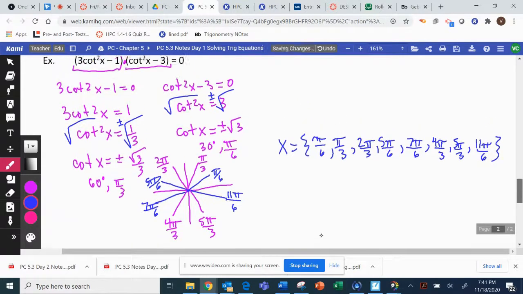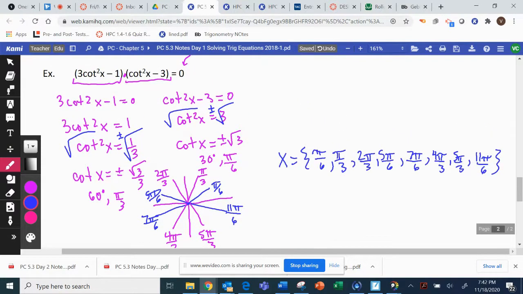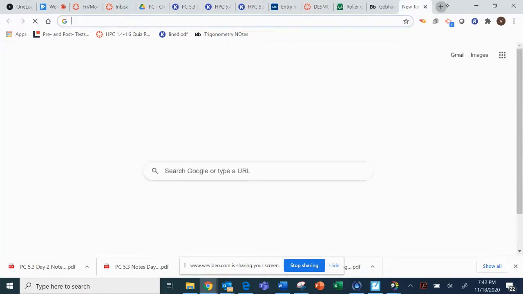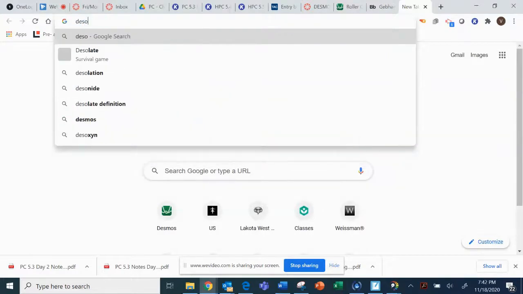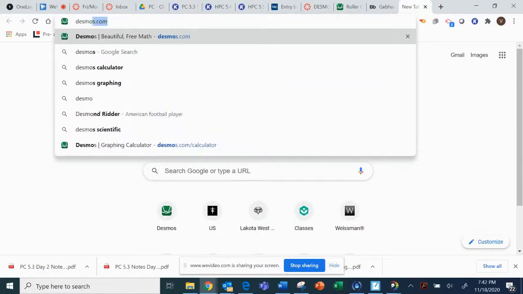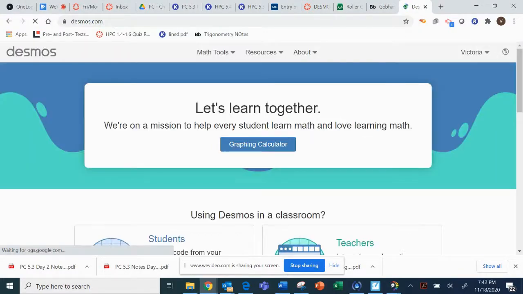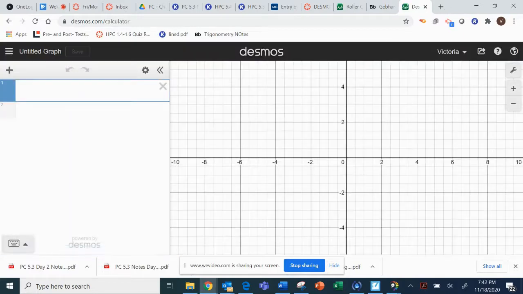All right, the last thing I want to do is just show you that you can kind of use Desmos to check your answers a bit here. Go ahead and visit Desmos. You can also use your graphing calculator, but I don't have one to show you on here.